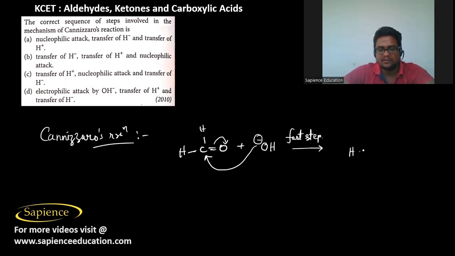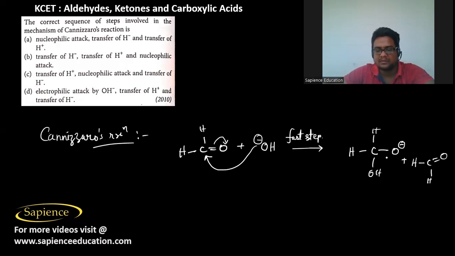So here it will form CH2(OH)O minus, and then it will react with another HCHO, which is formaldehyde.